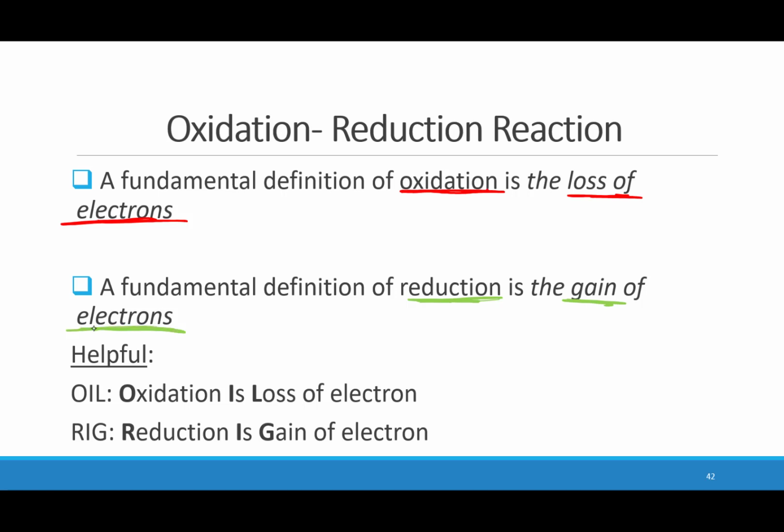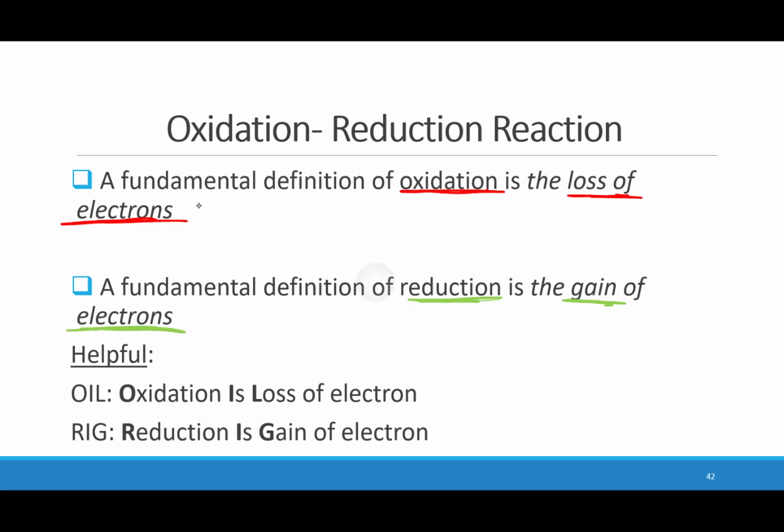It happens between the reactants, not the products. The reactant that's losing the electron is becoming oxidized, and the second reactant that's gaining the electron lost by the first reactant is becoming reduced.